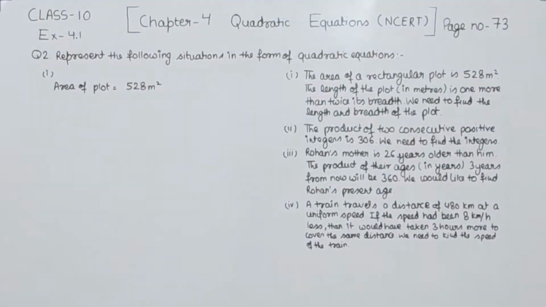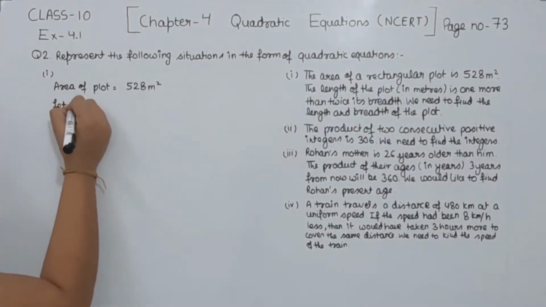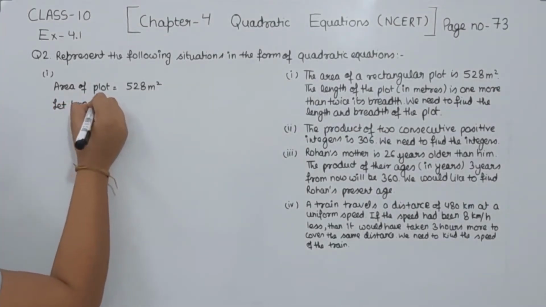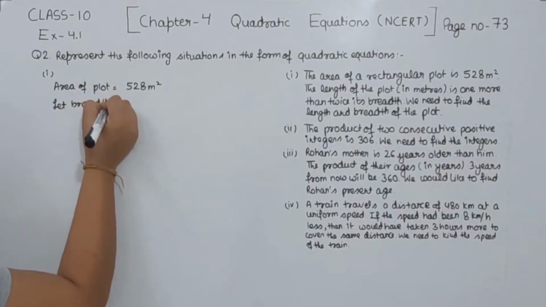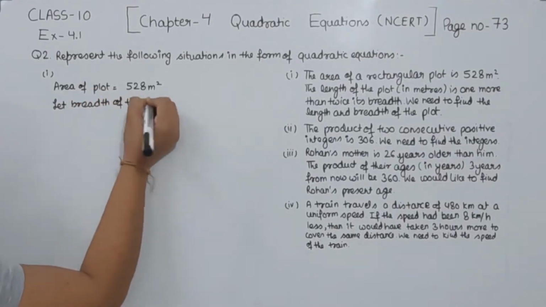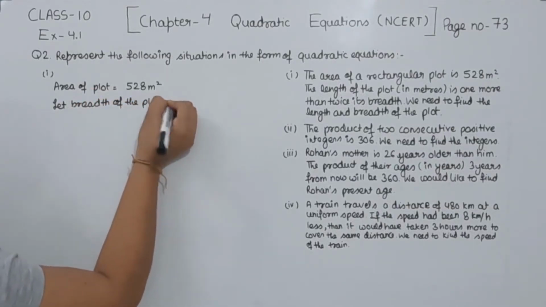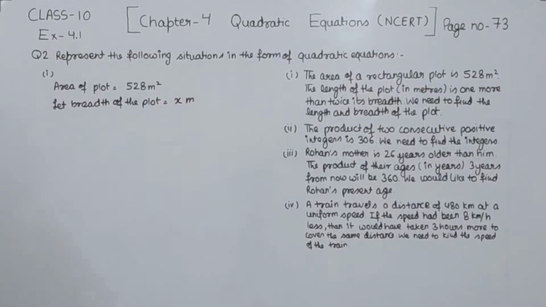Now the length of the plot in meters is one more than twice its breadth. We need to find the length and the breadth of the plot. So first of all we are going to let the breadth of the plot be equal to x meter.